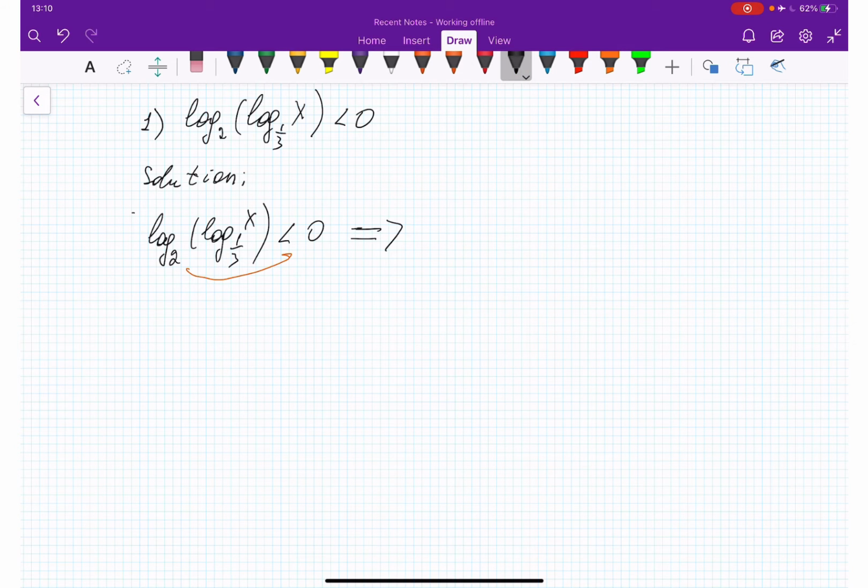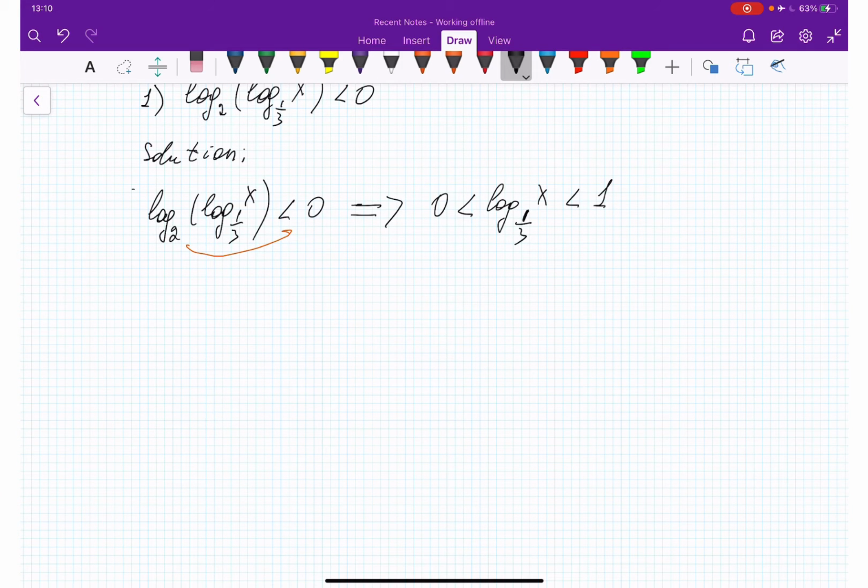So I can write down logarithm x by base 1/3 is less than 1, right? And not to go beyond 0, I'm putting here the limitation x greater than 0, right? Because logarithm cannot have a negative number. X cannot be negative there.